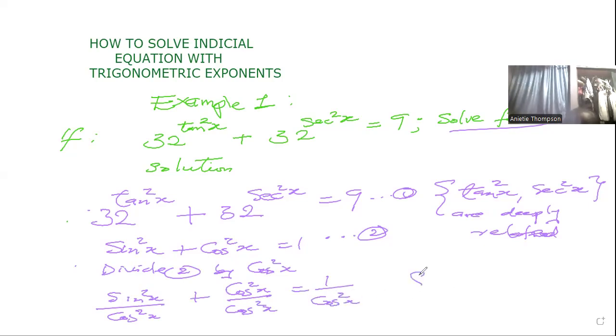I will still recall from secondary trigonometry that 1 over cos is equal to sec. So if I put x here, that will be sec squared. Also sine x over cos x equals tangent of x.